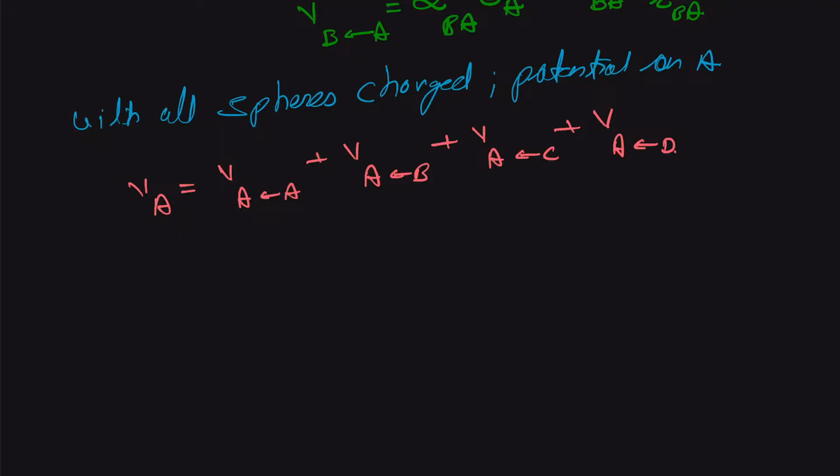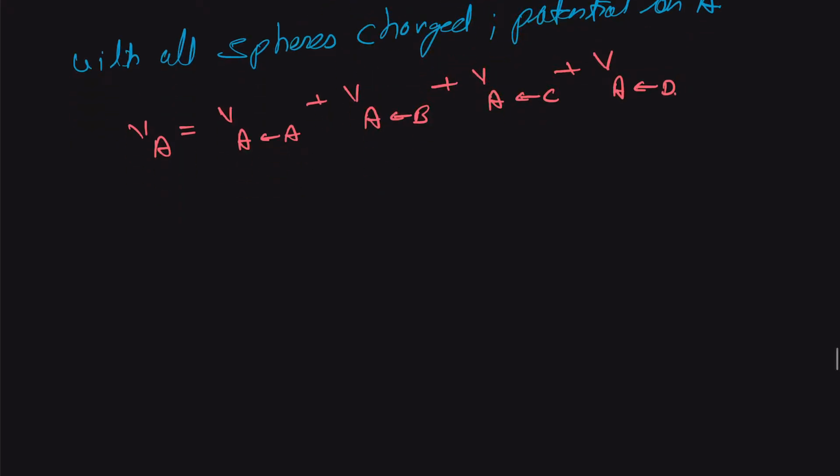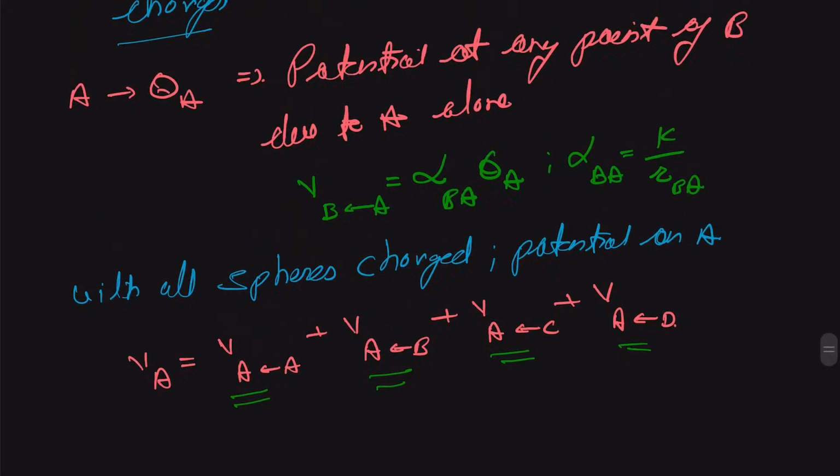So indirectly, we can now easily replace these individual potentials with their respective equations. Like here we said that the potential on B because of A, we wrote a certain general equation.